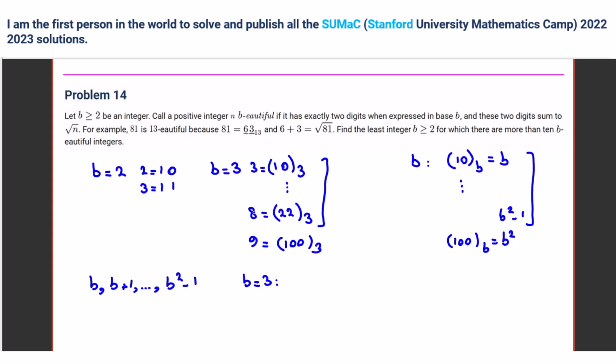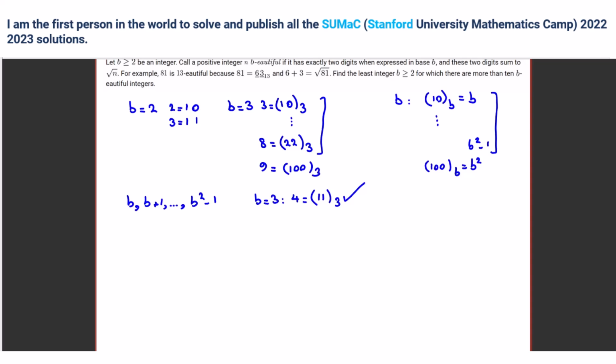The only number from 3 to 8 that is a perfect square is 4. 4 is what in base 3? 1 1. So it's the first beautiful number that we found, because the sum of the digits is the square root of that.